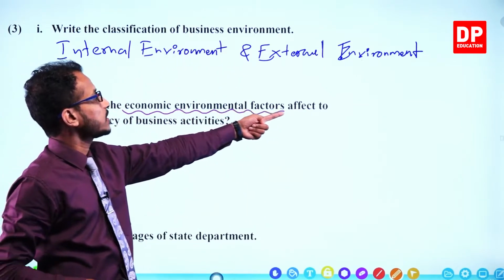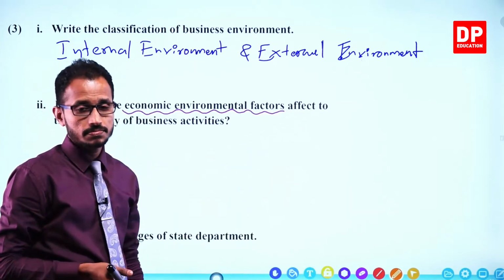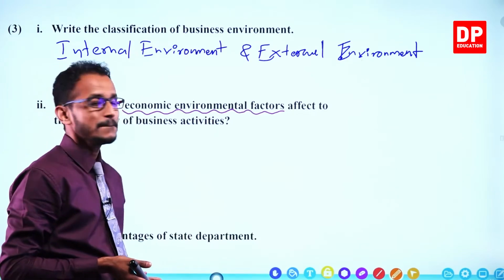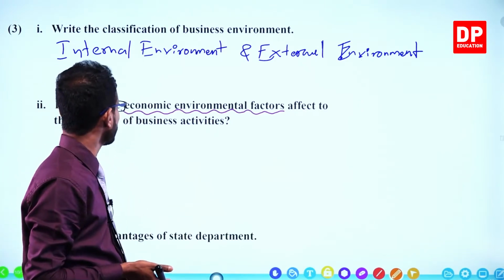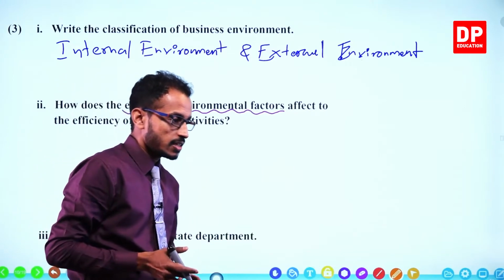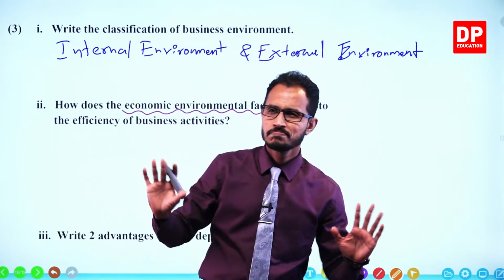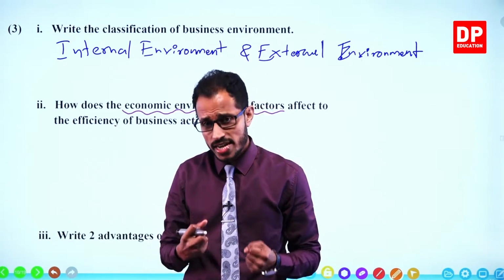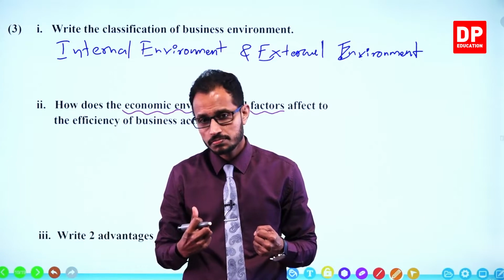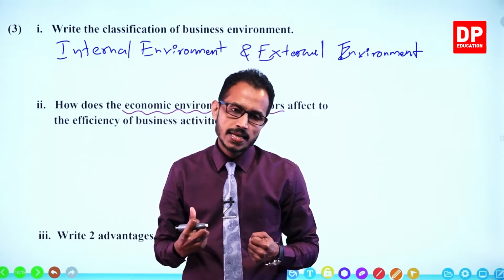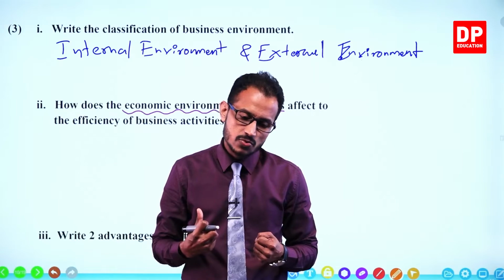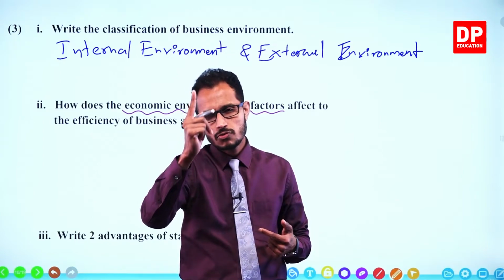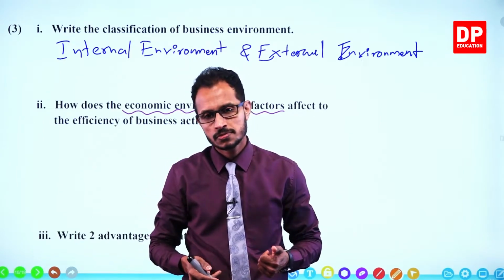We have to write how they affect the efficiency of business activities. Let's take this question simply. Children, interest rate of the country means the rate given or offered as interest for bank deposits.